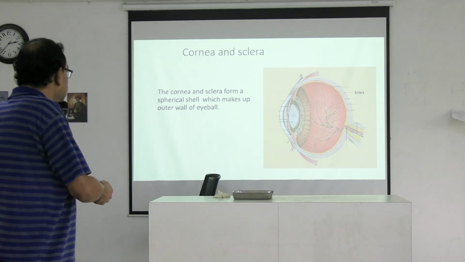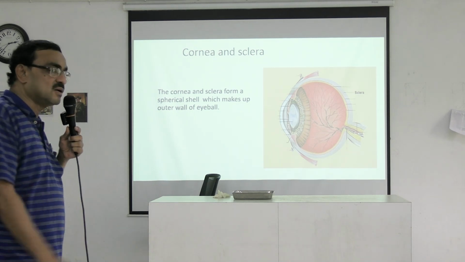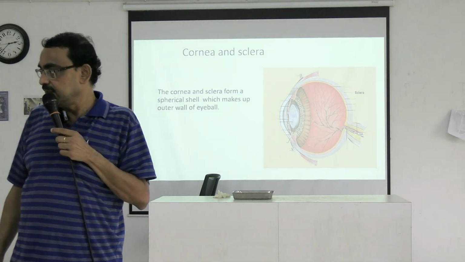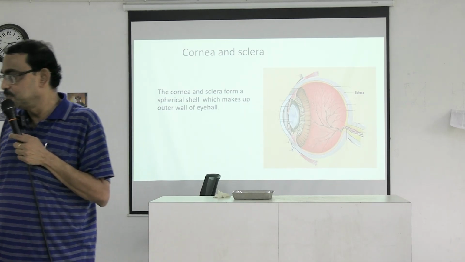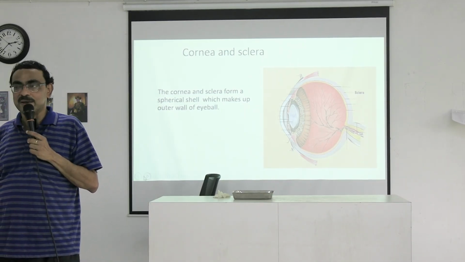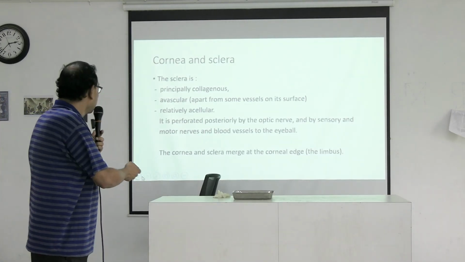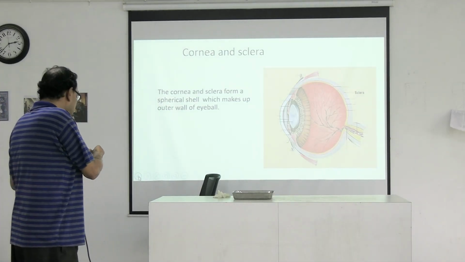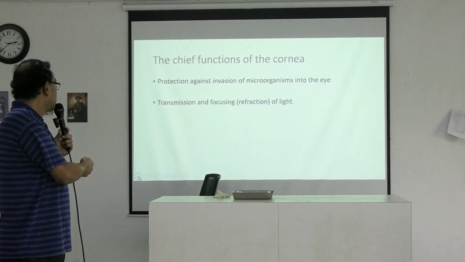And anteriorly we get this area, the cornea, which forms the 1/5 area. It may vary from one book to another. In some books you will get 5/6 and 1/6, whatever it might be. So next, now about the cornea.